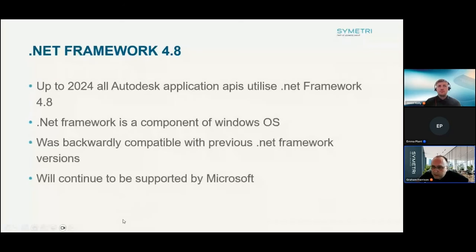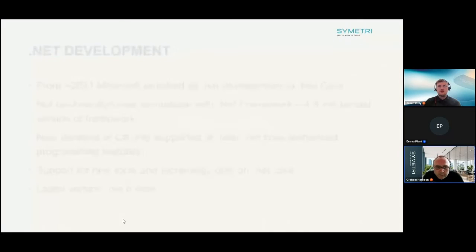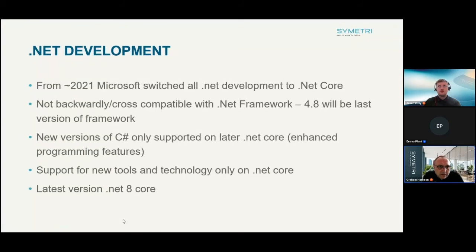So what does that really mean to us? If we look at this, from 2021, Microsoft switched all of their .NET development to .NET Core, and that isn't backwardly compatible with .NET Framework. New versions of the application languages are only supported on later .NET Core.